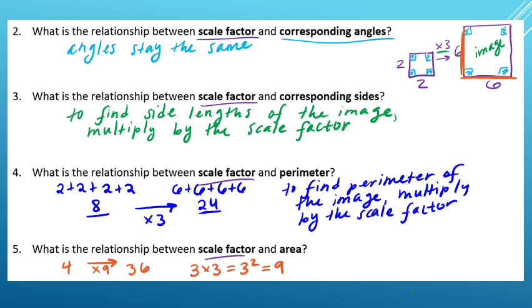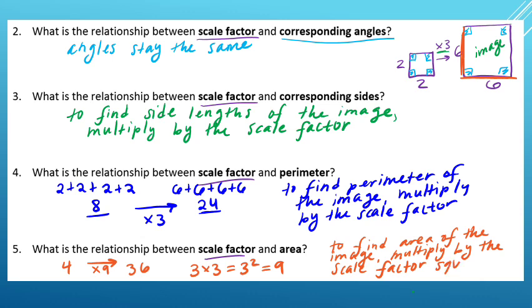And so to find the area of the image, you need to multiply by the scale factor twice. Or we can also say multiply by the scale factor squared.